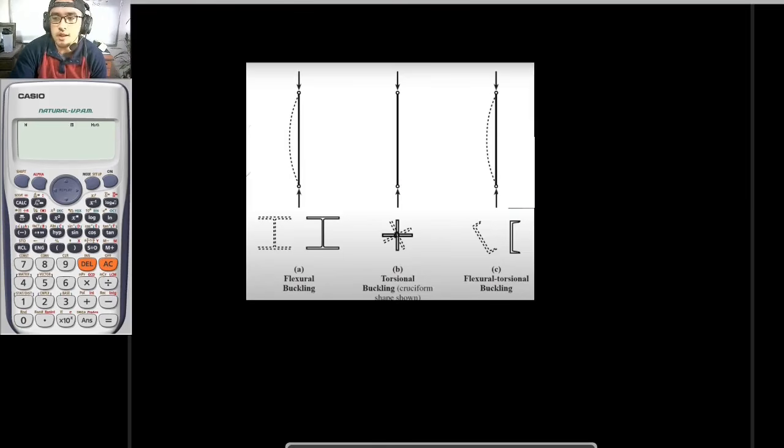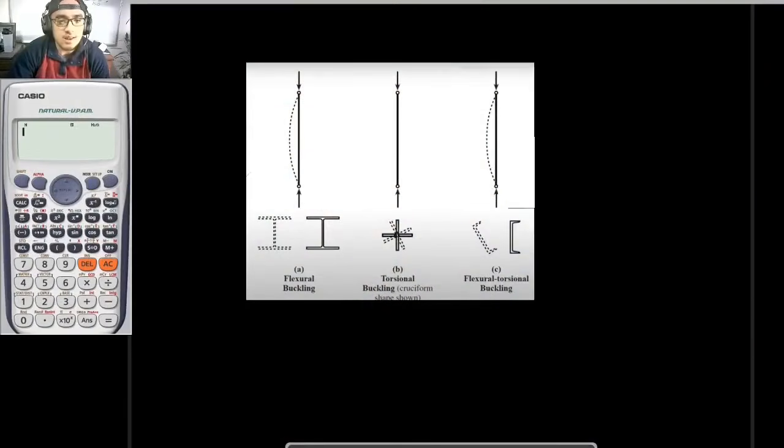Pero subukan lang natin. Okay, if this is to be our ruler, magti-twist siyang paganto. Pero hindi nyo nakita. Kaya wag na lang. Okay, so balik tayo dito. Once again, if your member would be having identical inertias in both major axes, the most common failure of it would be torsional buckling. So that is for letter B.